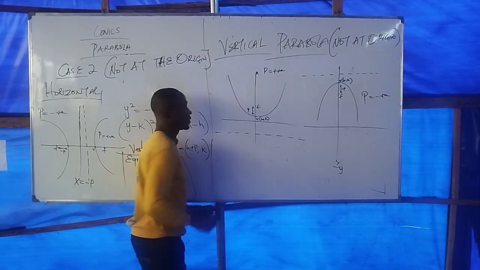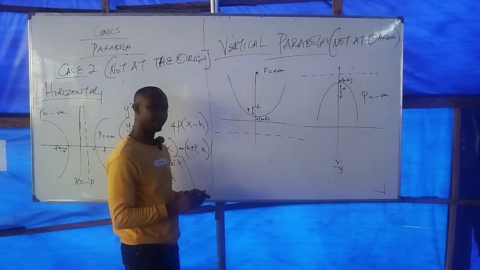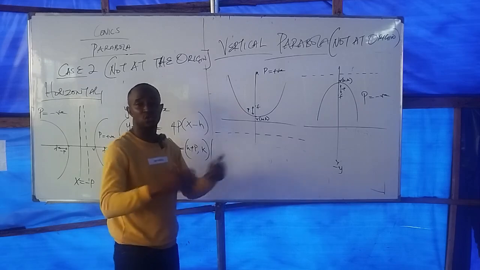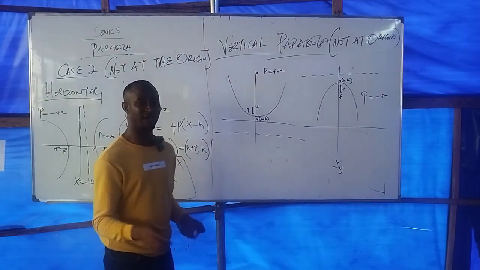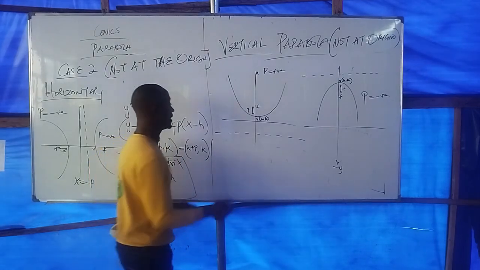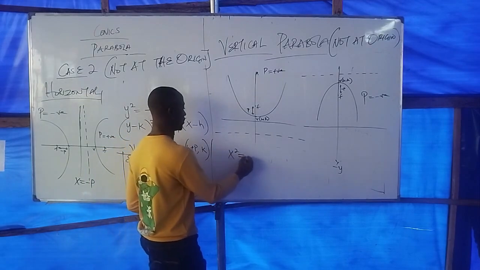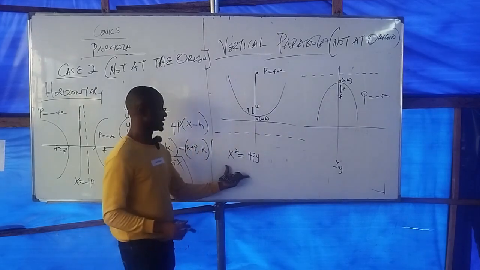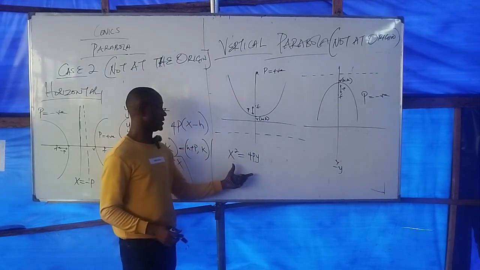Now, what do you think will be the equation of this parabola? The parabola is enclosing the y-axis, which means I'm going to square the x. Don't forget that at the origin, when we square the x, we have x squared equals 4p y.